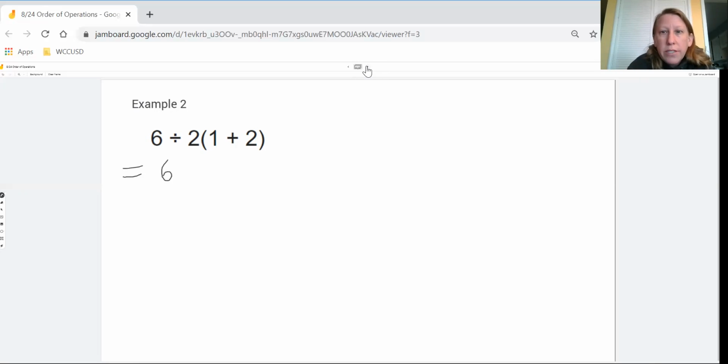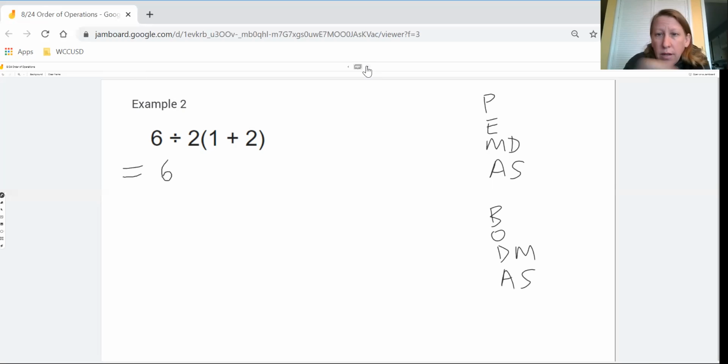Following order of operations, in the US, we use something called PEMDAS. It's a mnemonic to help us remember. In other countries, they use BODMAS. And so it kind of depends what country you're in, what mnemonic device you're going to use to help you remember what order to do things in.